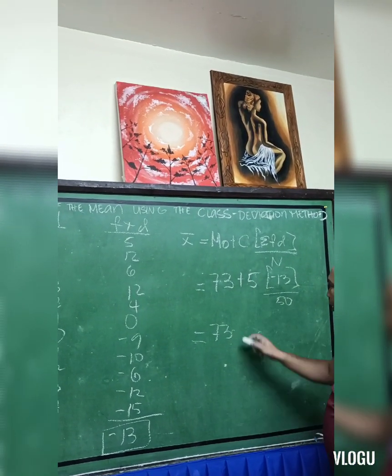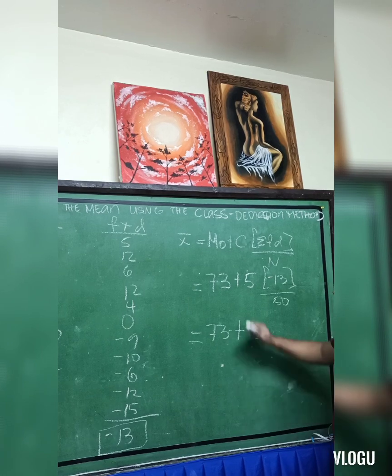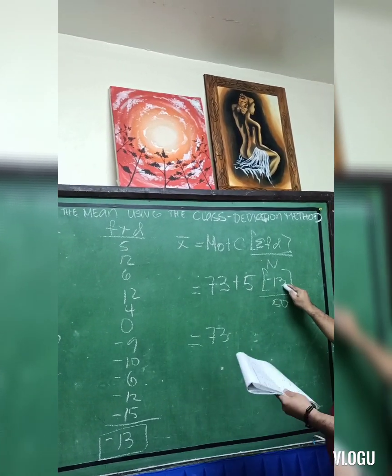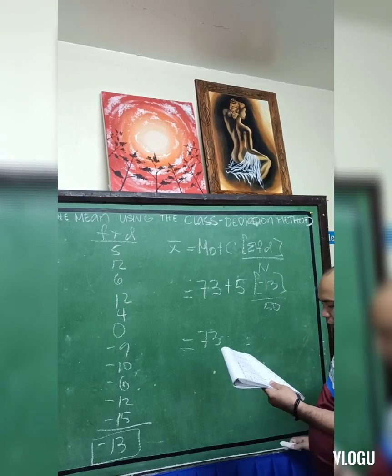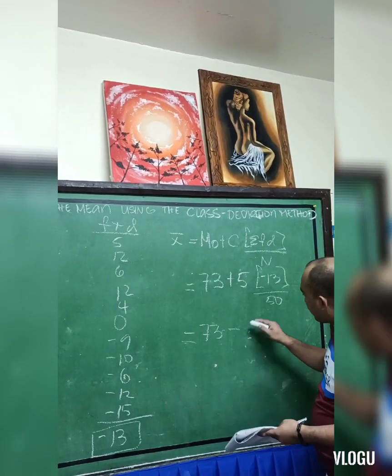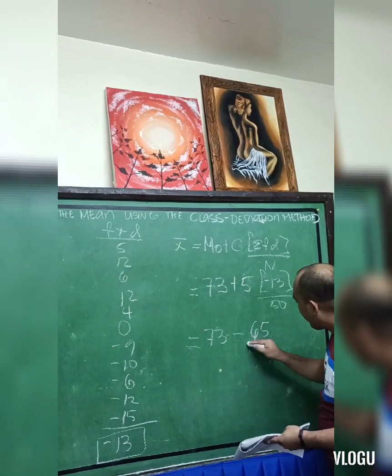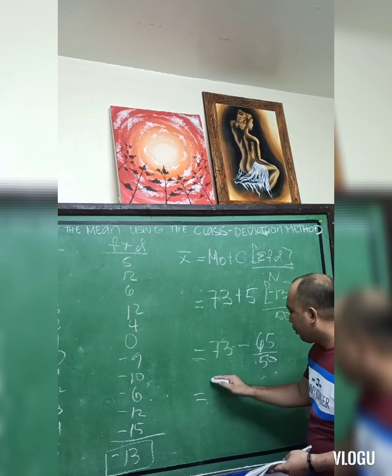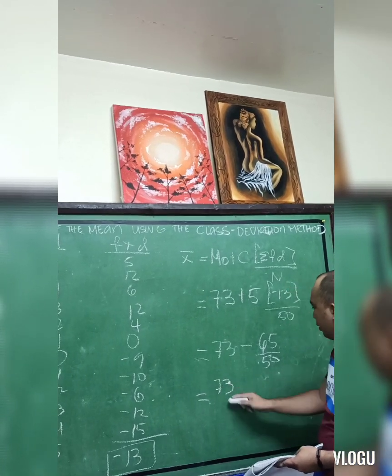Let's copy the 73, plus 5 times negative 13 is negative 65 divided by 50. Again, let's simplify. Let's copy the 73.